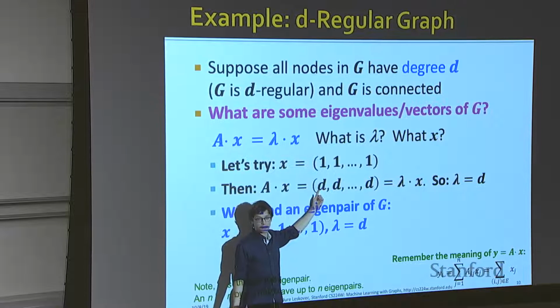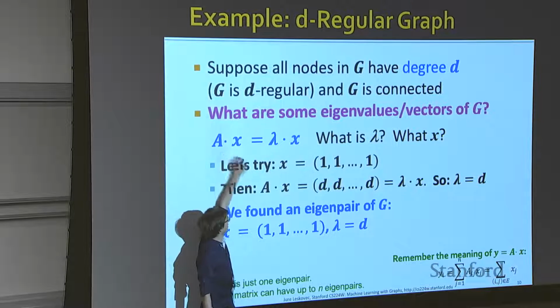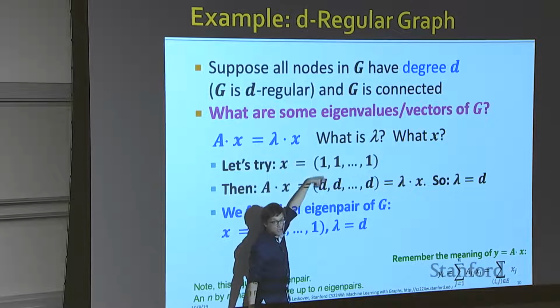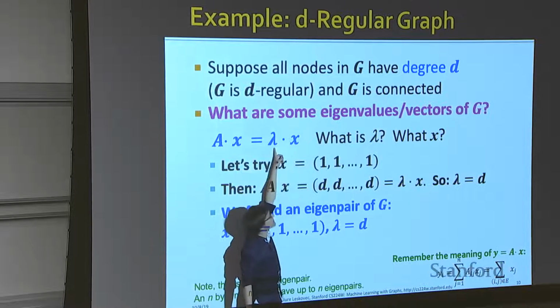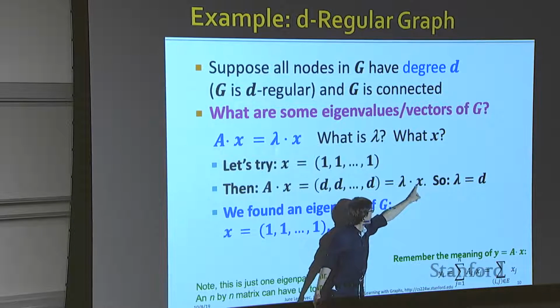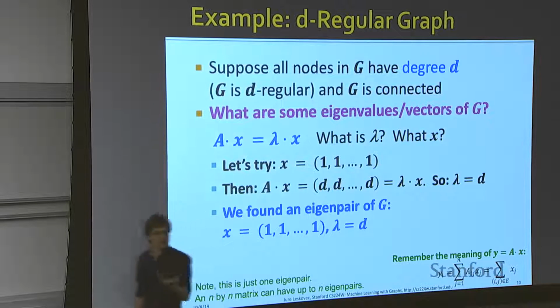We agree with that? Okay, great. So now we have the left part of this equation. How about the right part? Is there a relationship between these two? Yes, they are multiplied by d. So this is lambda x, where x is this vector, and lambda equals d. And we found one case.